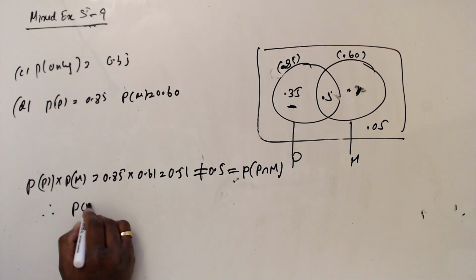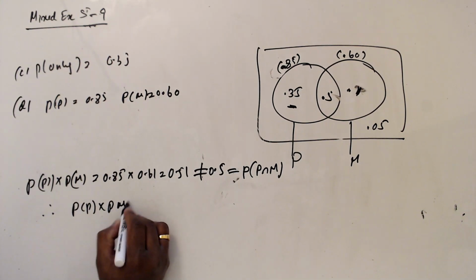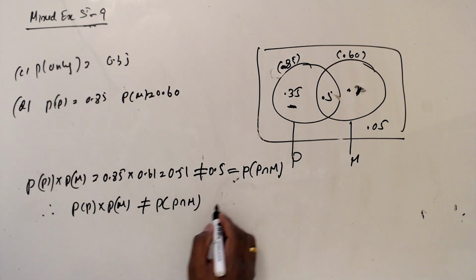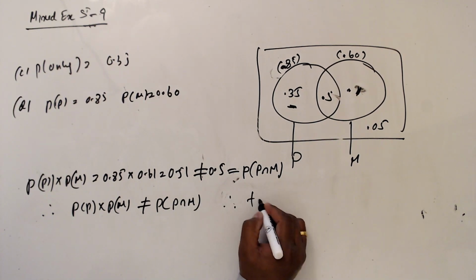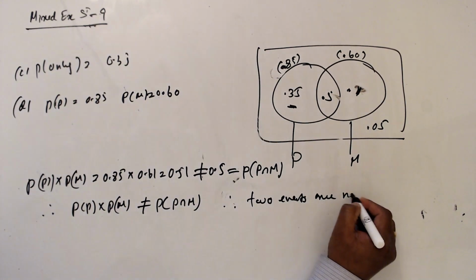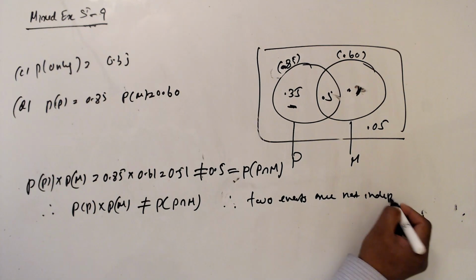Hence P times P(M) is not equal to P(P intersection M). Hence two events are not independent.